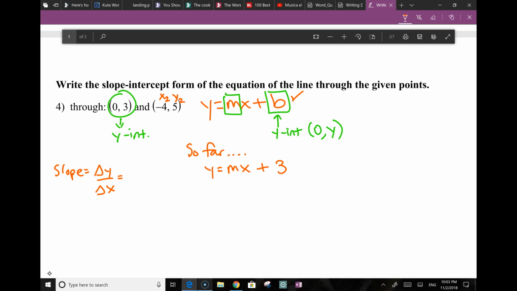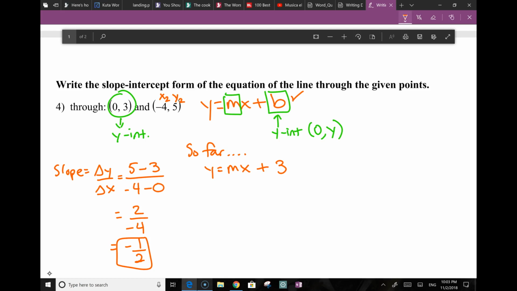So my 5 becomes a 3. 5 changes to a 3. Going in the same direction, -4 changes to a 0. And now simplifying this, I get 2 over -4, which reduces to -1/2. And notice I put the negative at the top, but based on what I said earlier, it doesn't matter if it's at the top or in the denominator.